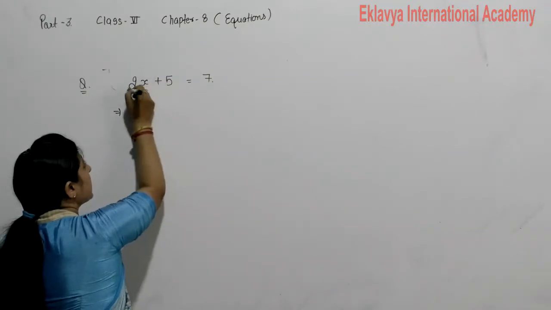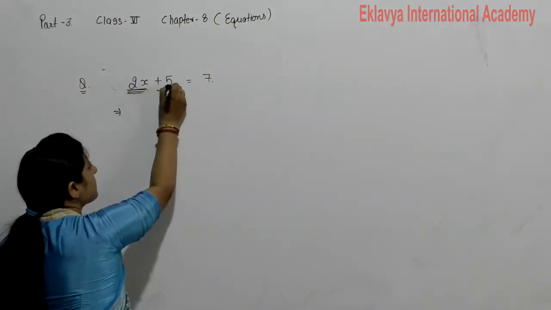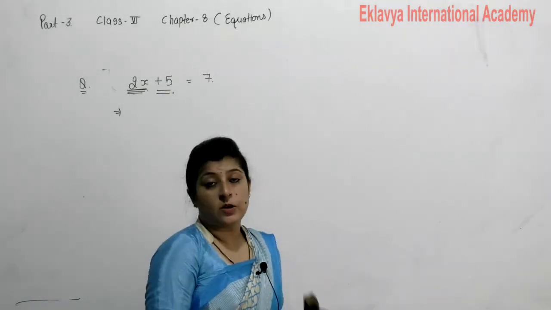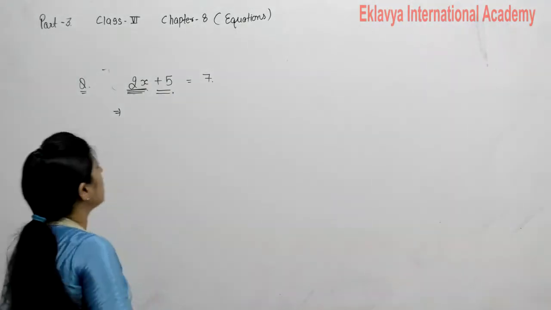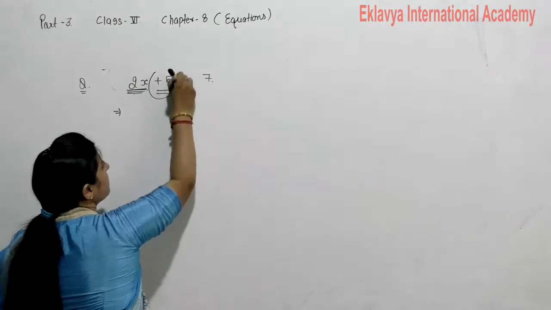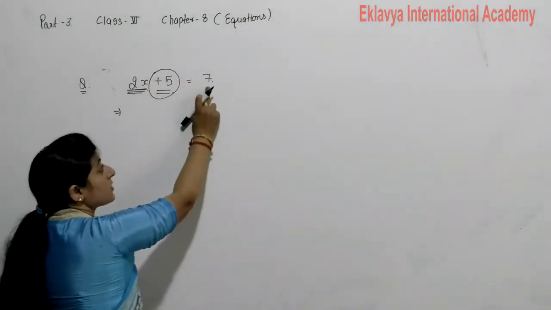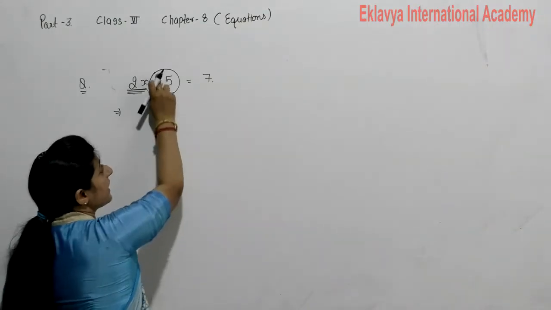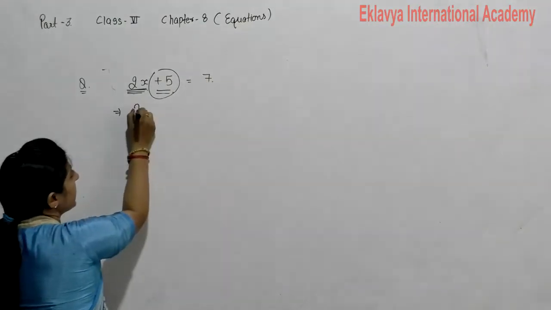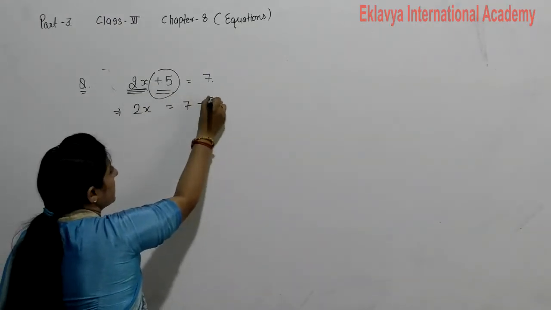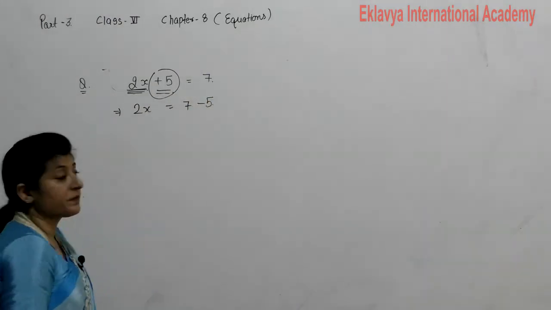Firstly, the terms that are with the variable, we solve them first. The constant term here is plus 5, so firstly we solve this plus 5. This is a constant term, so firstly we change its side: plus 5 changes into minus 5.